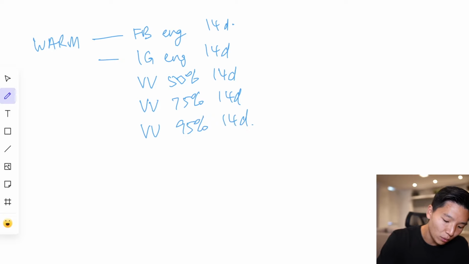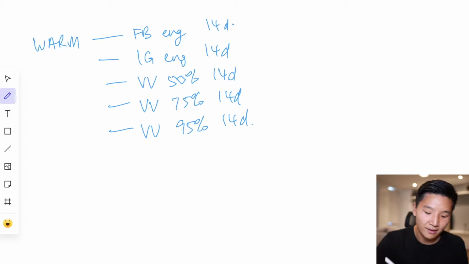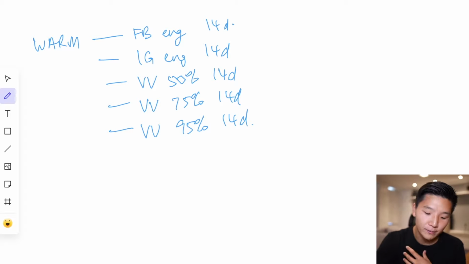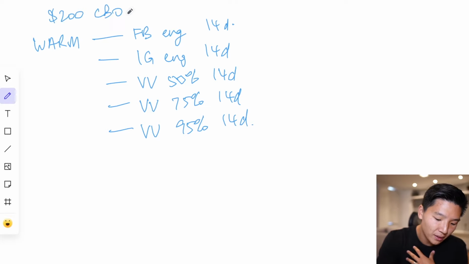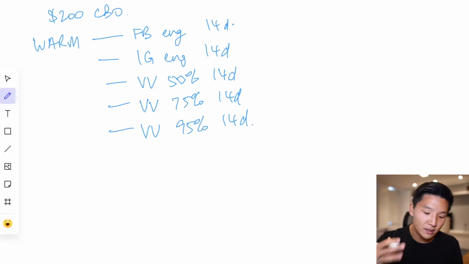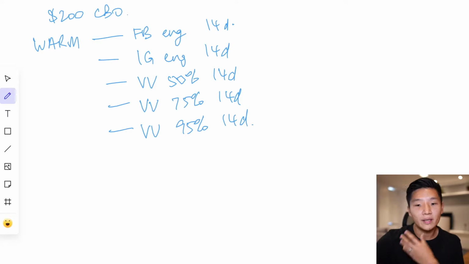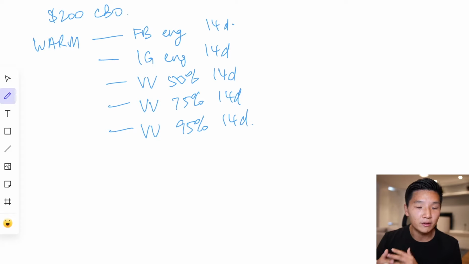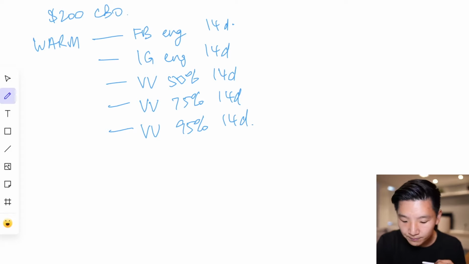These are all separate ad sets, and we would also set it as a CBO, let's say something like a $200 CBO. And what Facebook would do, based on the daily active users, is preferentially spend across these ad sets to get you as many conversions as possible.